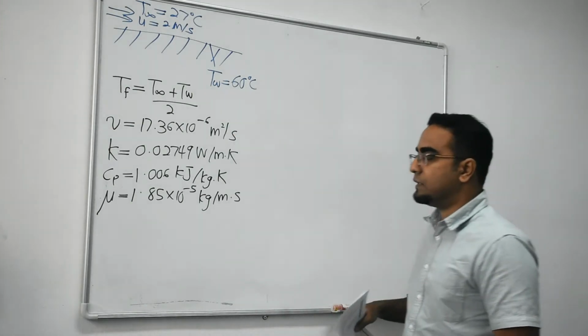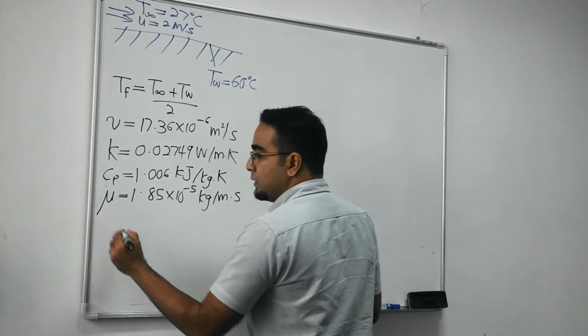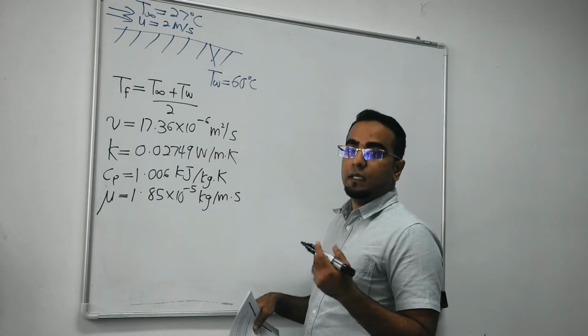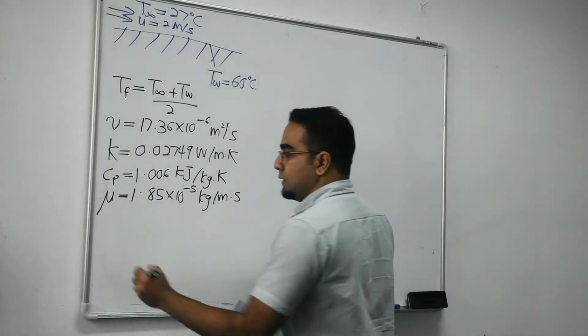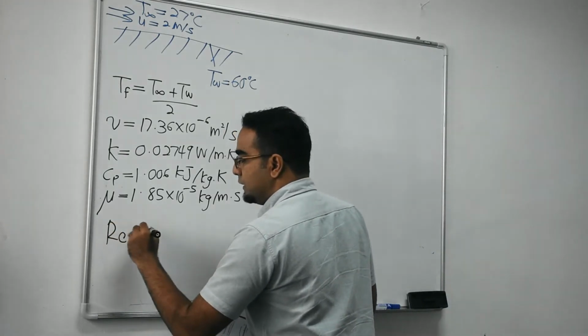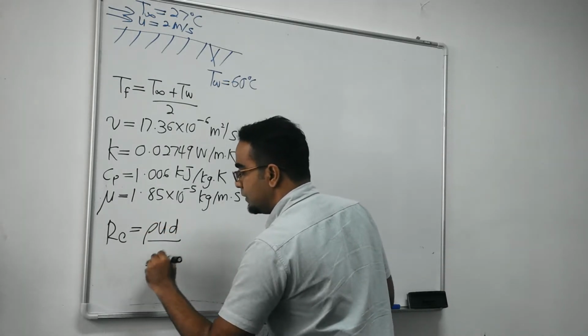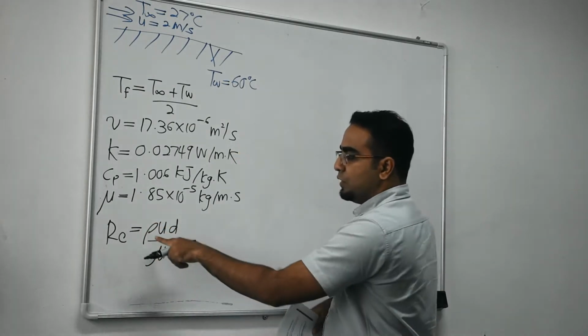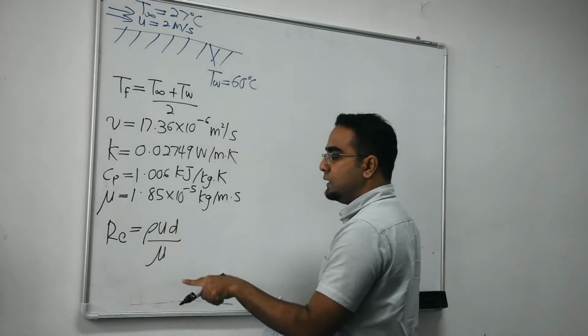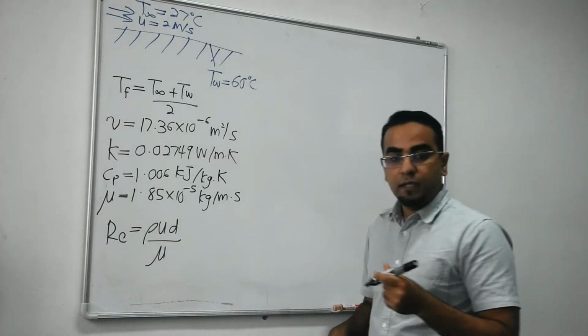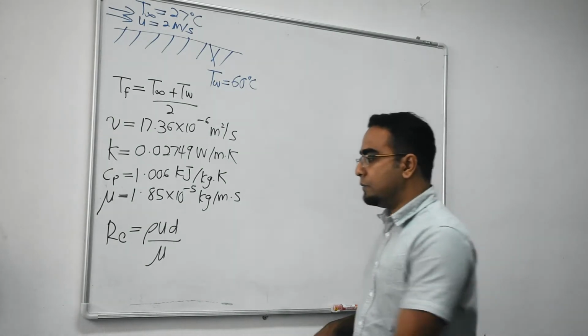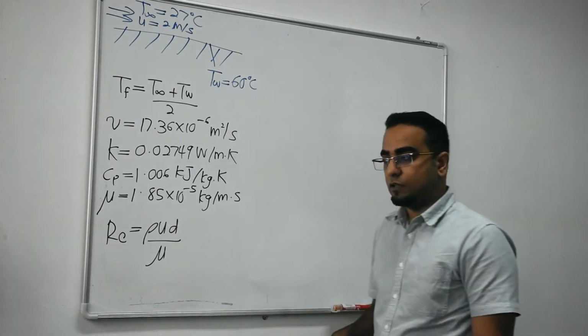The second step is calculate our Reynolds number to determine whether the flow is in laminar or turbulent. So the equation for Reynolds number, Re is equal to rho ud over mu. Rho is your density, u is the velocity, d is known as the characteristic length, and mu is your dynamic viscosity.